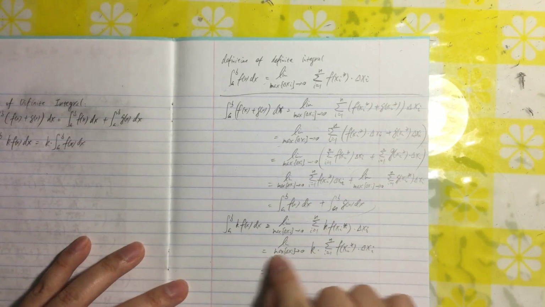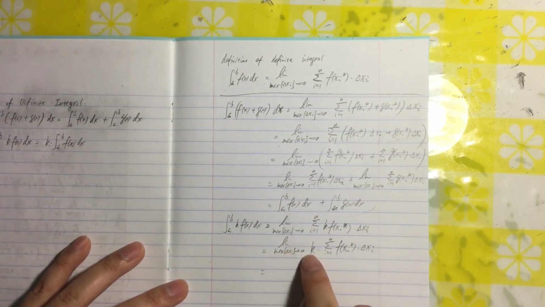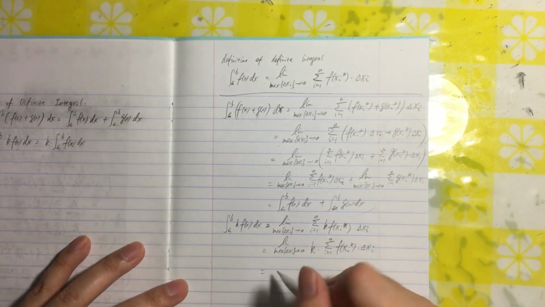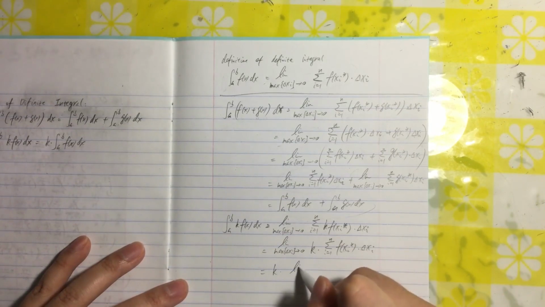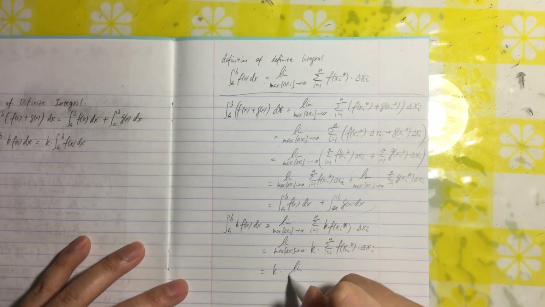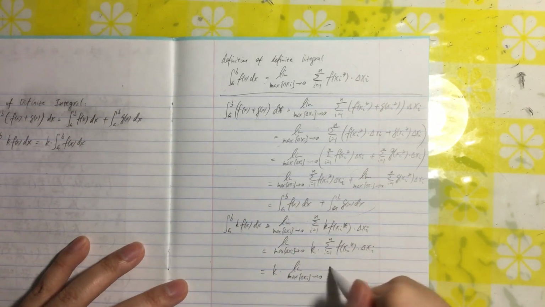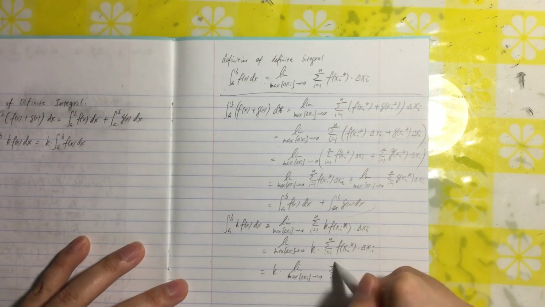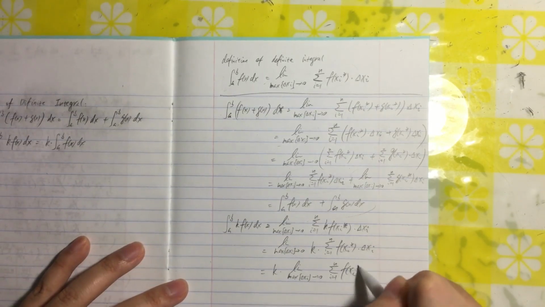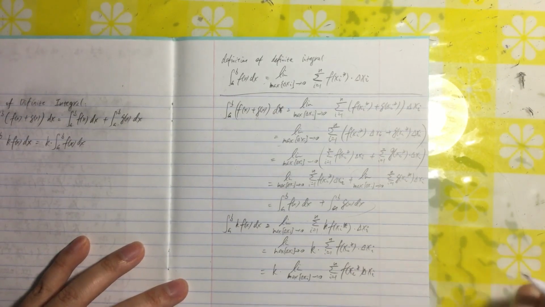Then when we have a limit of a constant times a function, I can always pull the constant outside the limit. I get k times the limit as the maximum of delta Si approaches 0, sigma i from 1 to n, f of Si star times delta Si.